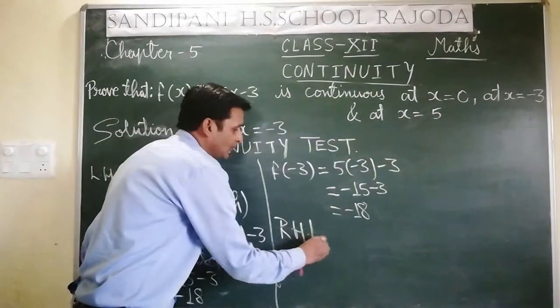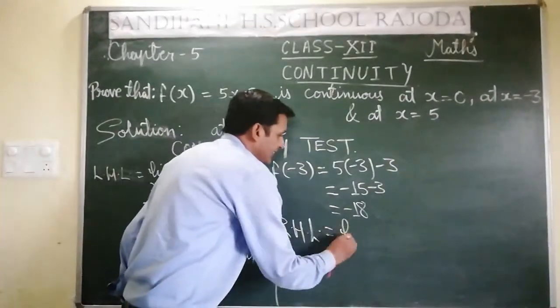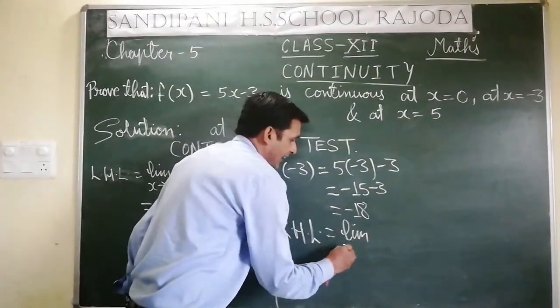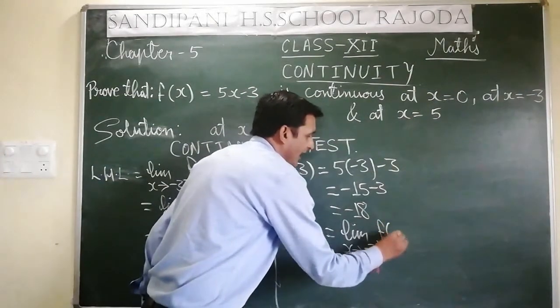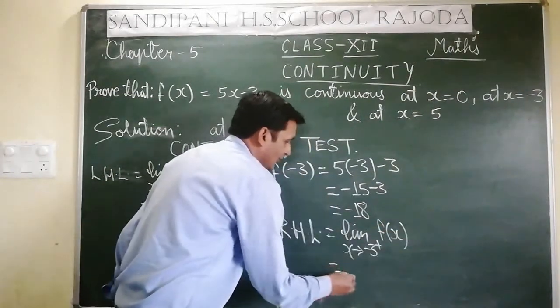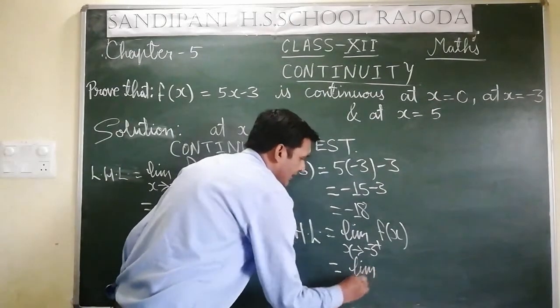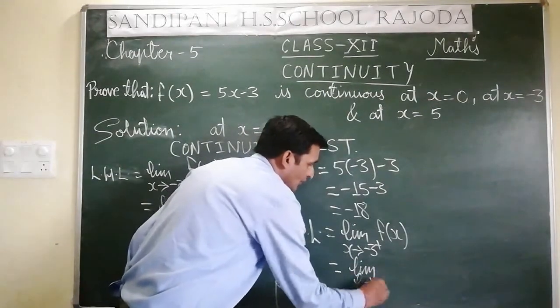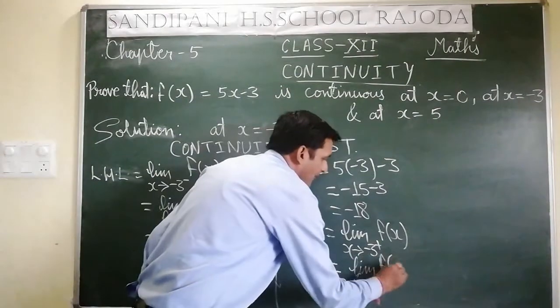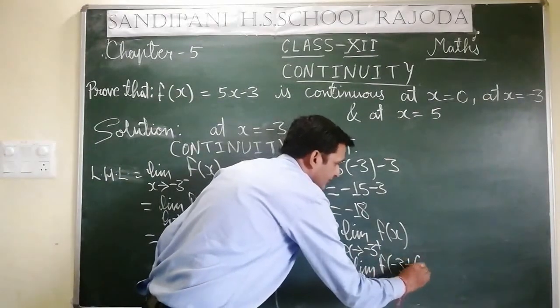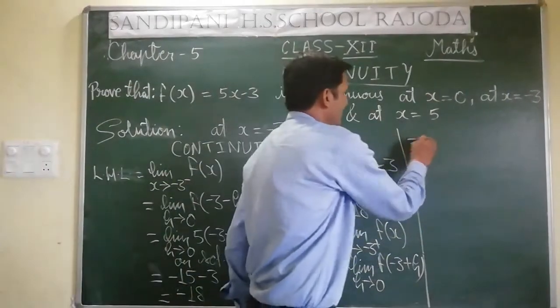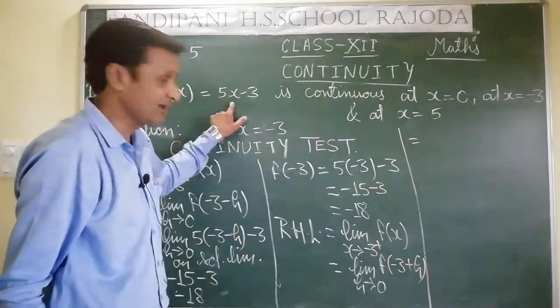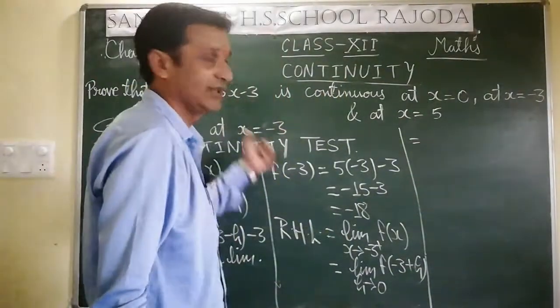RHL is equal to limit x tends to minus 3 plus f of x, that is equal to limit h tends to 0 f of minus 3 plus h. Means we have to put in place of x now minus 3 plus h in this function.